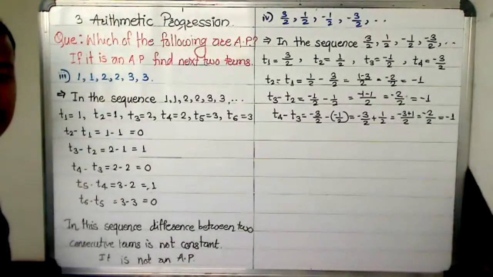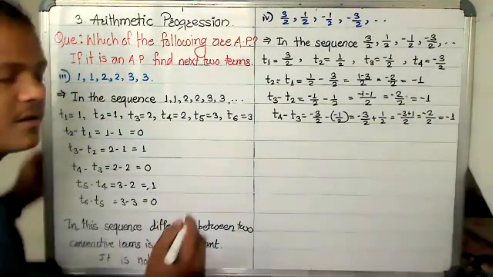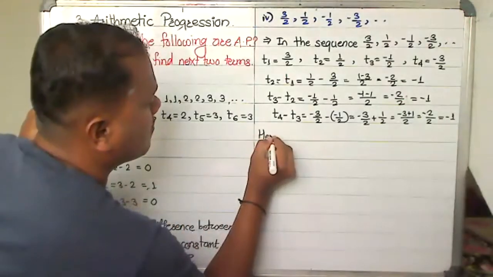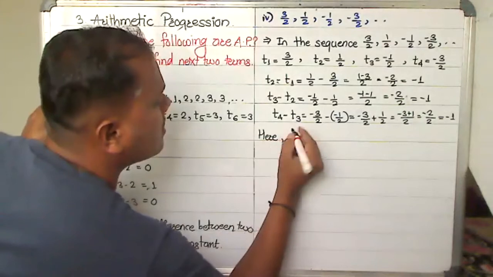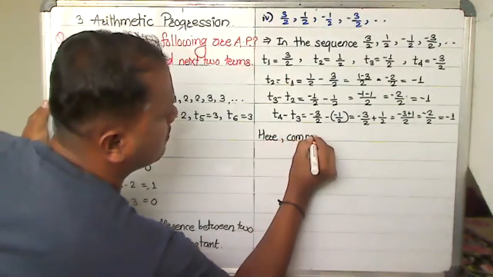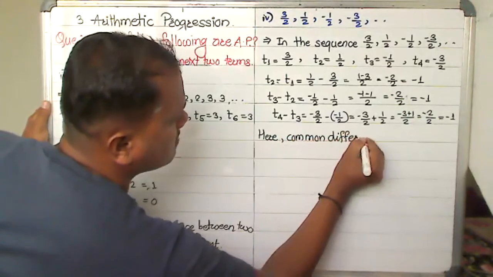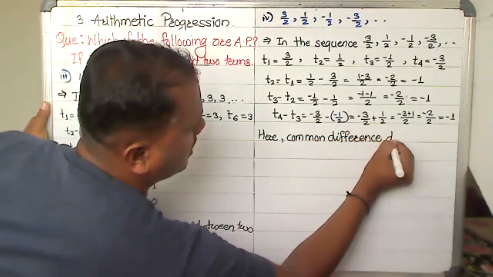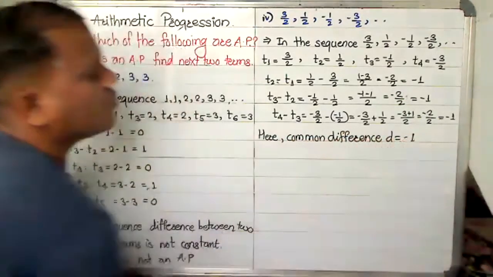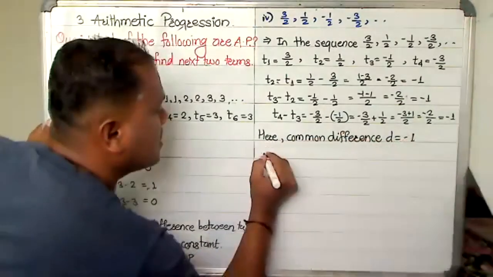So here, in this sequence, the common difference D is equal to minus 1, which is constant.